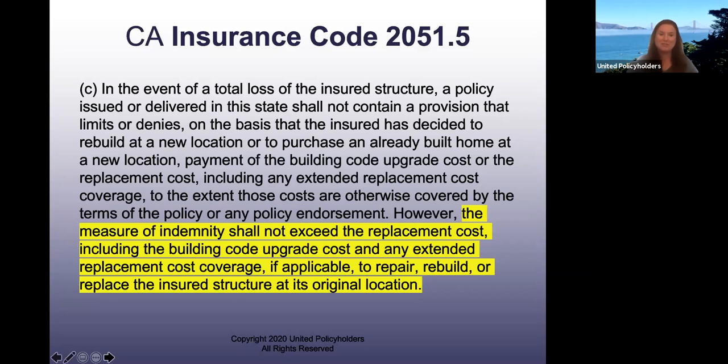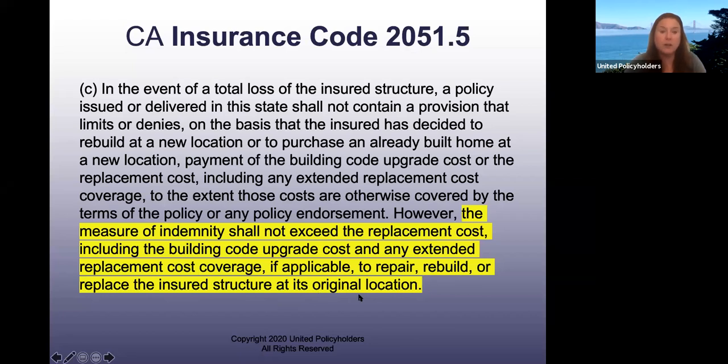The measure of indemnity, how much they owe, shall not exceed the replacement cost, including building code upgrade cost and extended coverage, to repair, rebuild, or replace the insured structure at its original location.